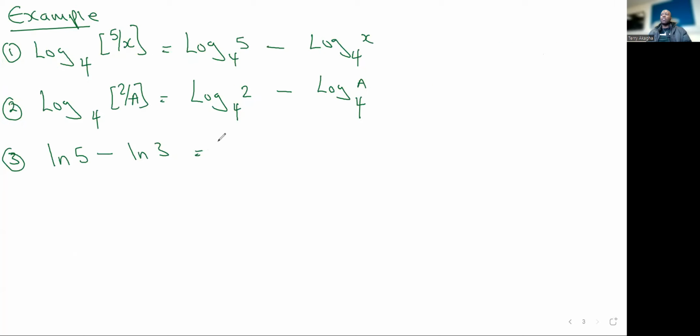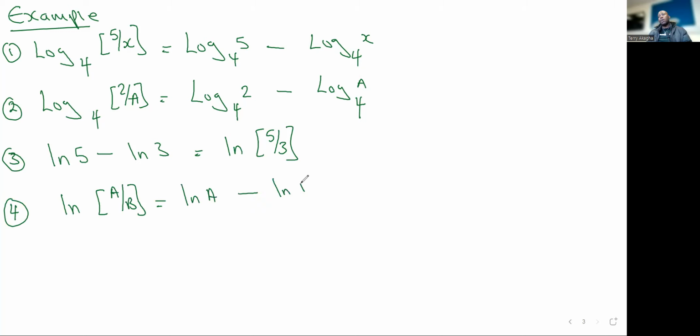So this is the same thing as ln 5 divided by 3. Let's pick another example. Let's say we have ln A divided by B. The same thing is going to be ln A minus ln B.